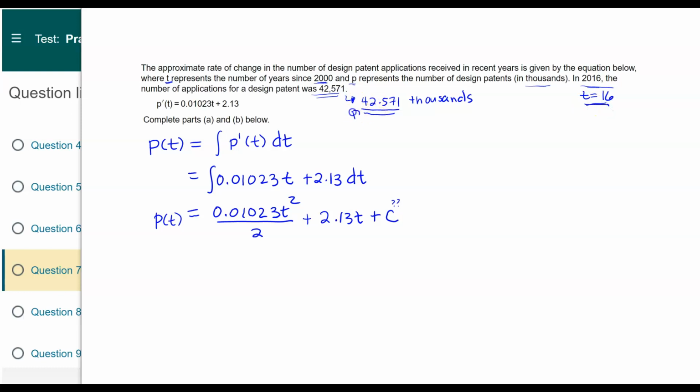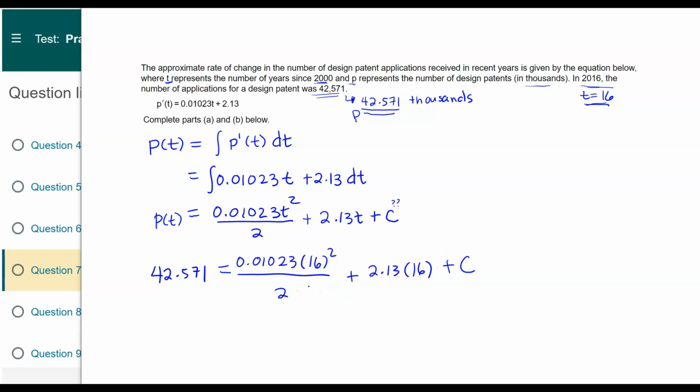So for P, we're going to use 42.571. That's your P, and then you plug in 16 for T. So 0.01023 times 16 squared over 2 plus 2.13 times 16 plus c.